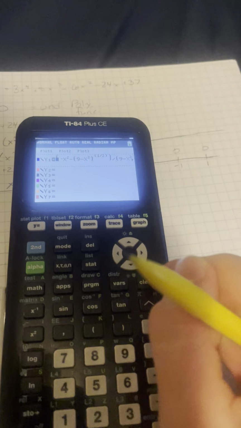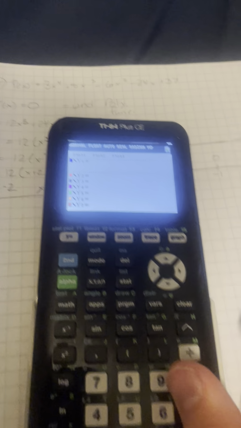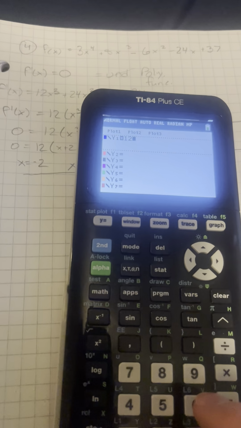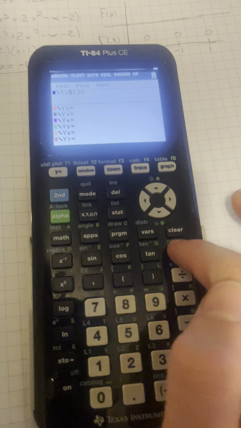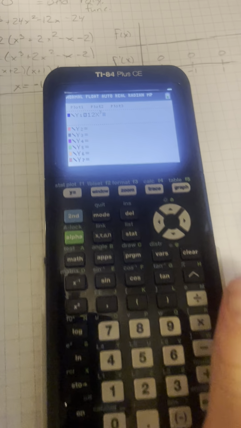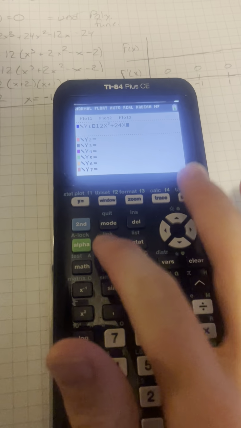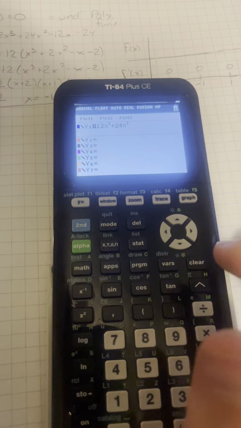So I can type the equation in my calculator: 12x to the power 3 plus 24x squared minus 12x minus 24.